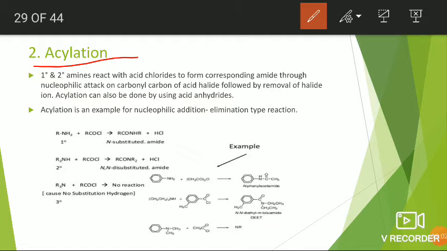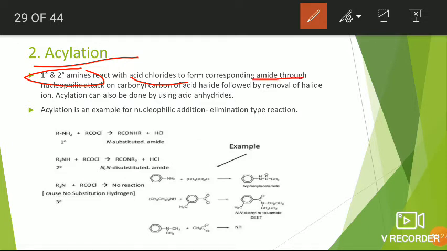In the case of amines, the primary and secondary amines generally undergo acylation with acid halides, mainly acid chlorides, or they may also react with anhydrides such as acetic anhydride to form the corresponding amides.